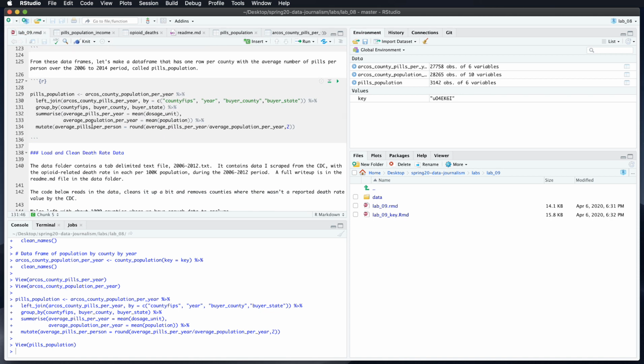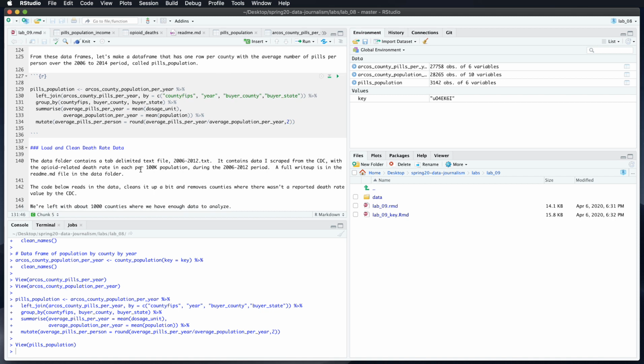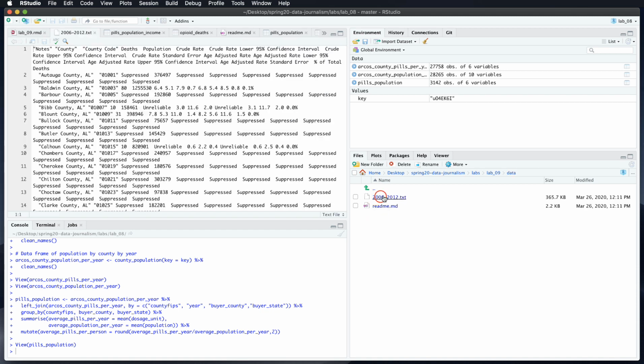Okay, now we're going to load and clean the data that we need to describe the death rate for each county related to opioids. So I scraped this from the CDC. So here it is as a tab delimited text file.